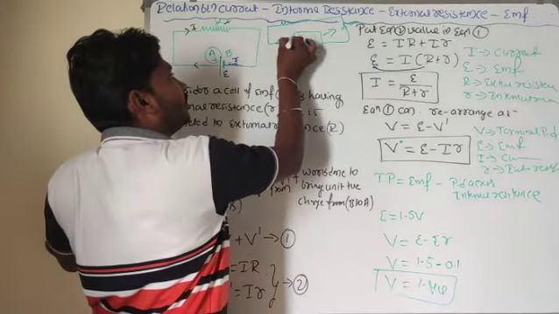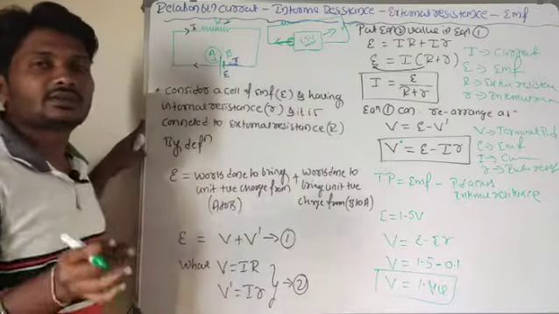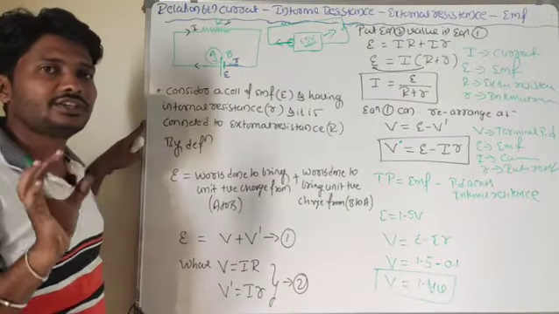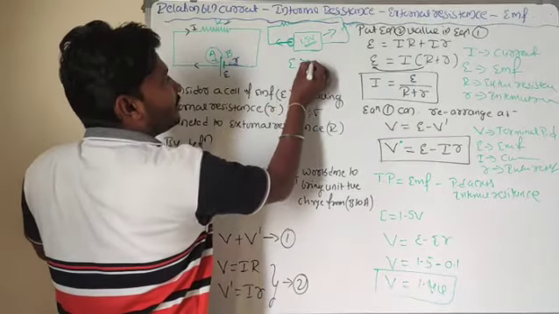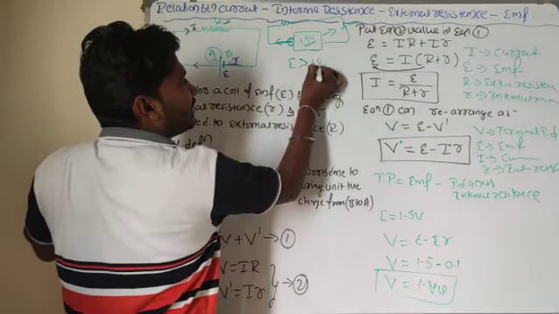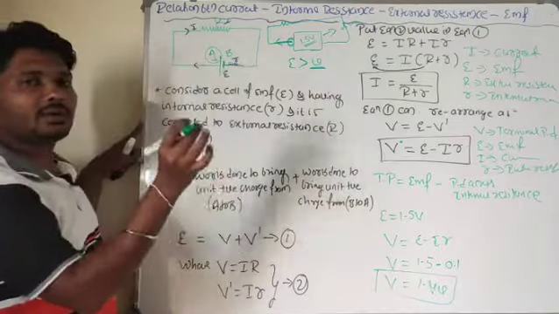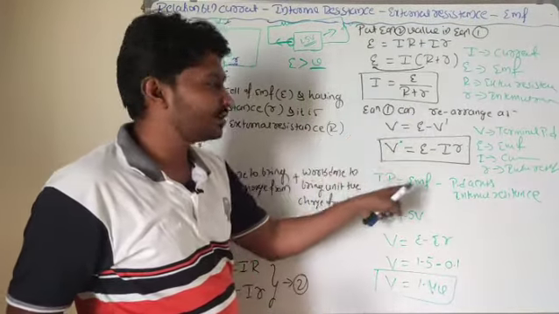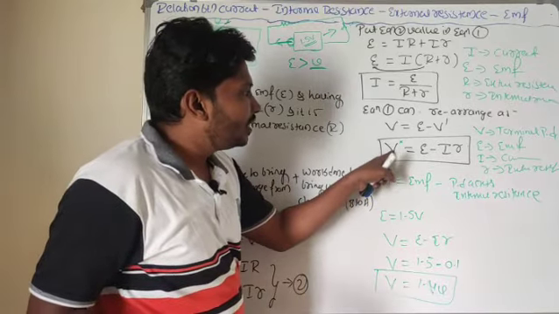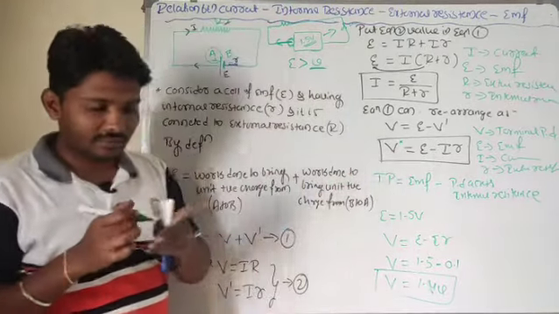So this is the relation between current, EMF, external and internal resistance, and between terminal potential difference and EMF of the cell.